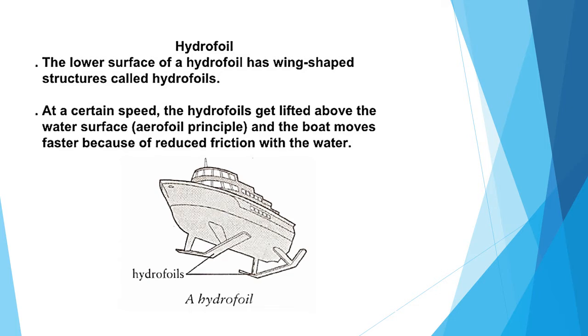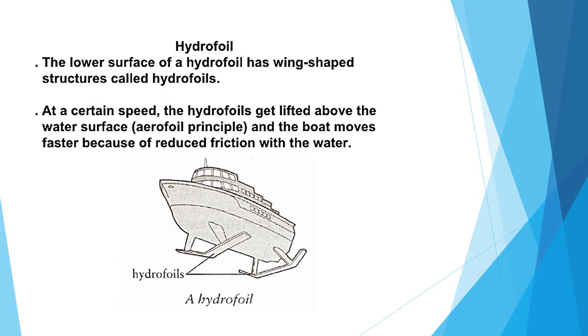Okay, now the hydrofoil. The lower surface of a hydrofoil has a wing-shaped structure that we call the hydrofoil. At a certain speed, the hydrofoil gets lifted above the water surface.